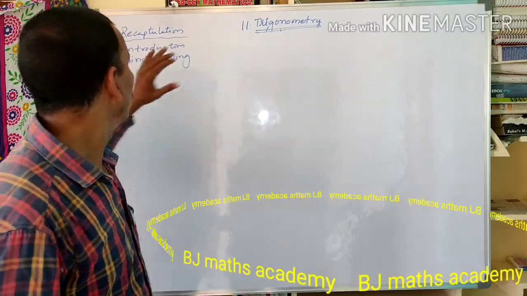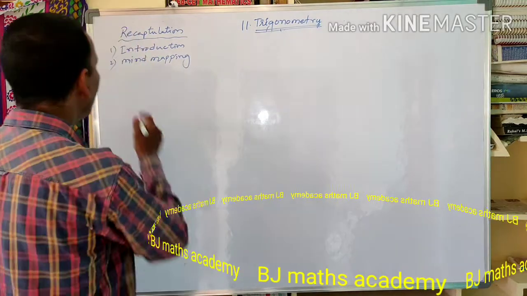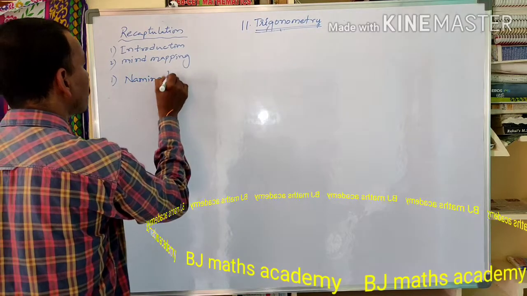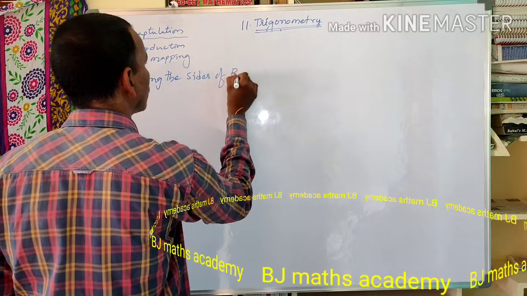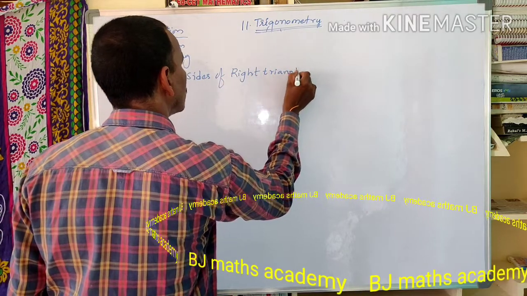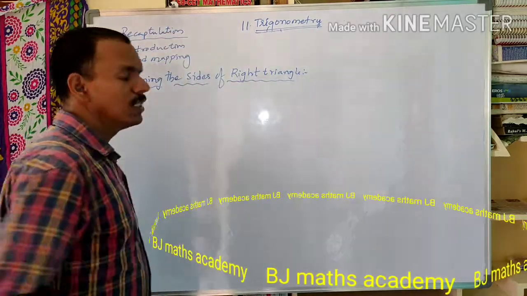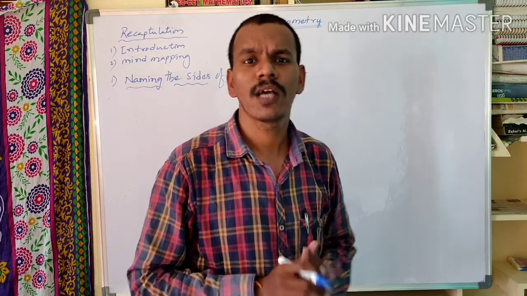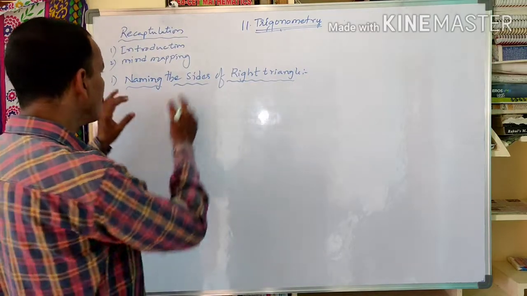Before going to trigonometric ratios, we have to learn naming the sides of a right angle triangle. What are the names of the sides of a right angle triangle?